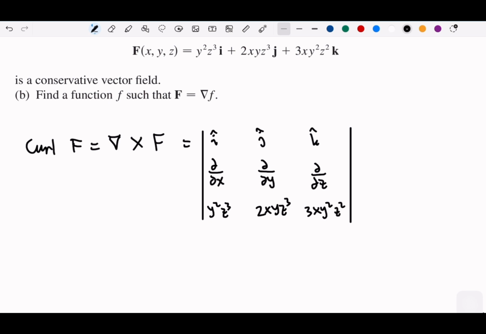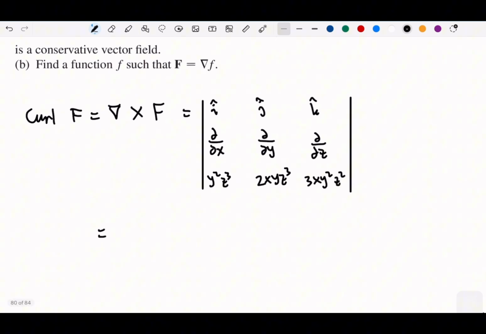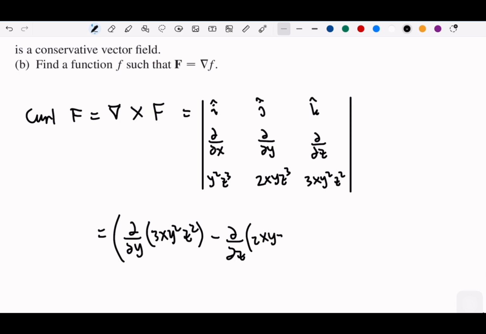Okay, I think I will write down here that I start with the i. This will be dou y of 3xy squared z squared, and then minus dou z of 2xyz cubed, close bracket.